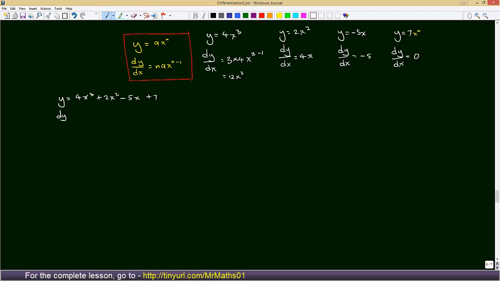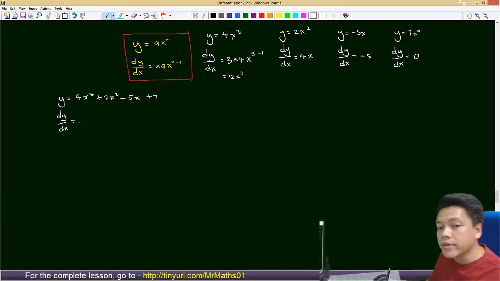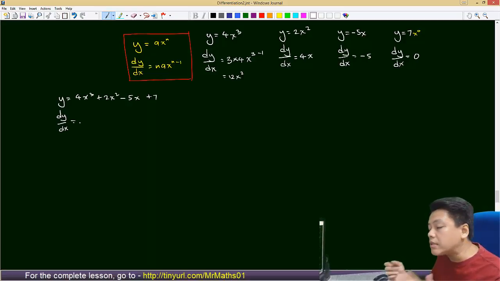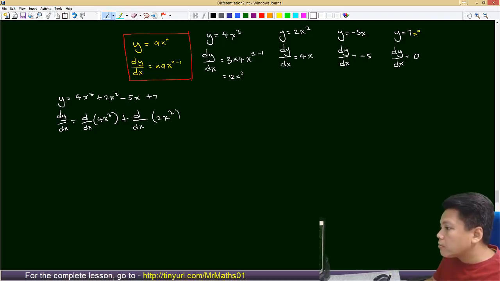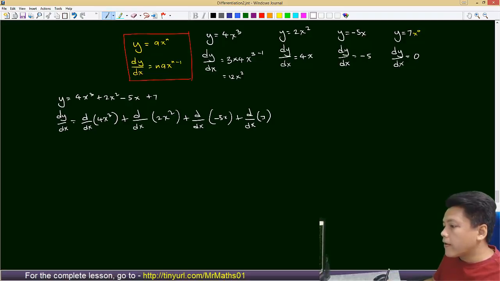So what is dy/dx? Then dy/dx is exactly the differentiation of each single term inside that equation. So that is equal to d/dx of 4x cubed plus d/dx of 2x squared plus d/dx of minus 5x plus d/dx of 7. Now probably you are seeing something new.